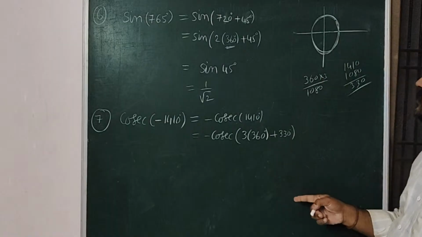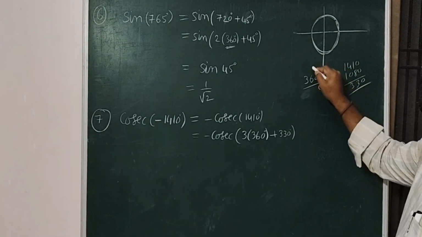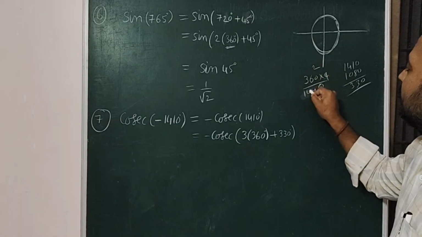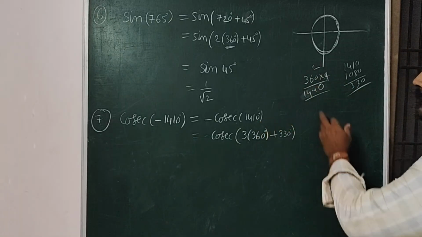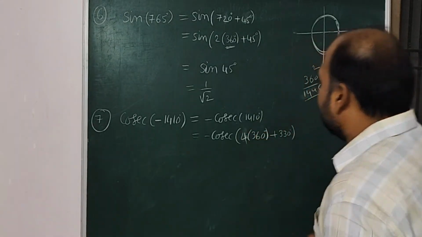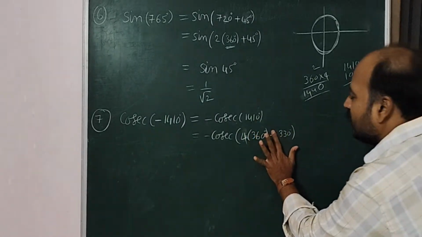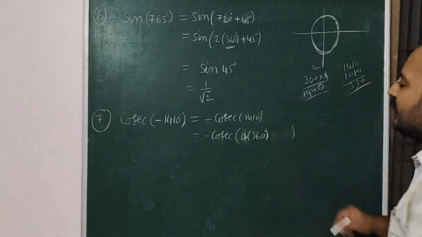If it is not convenient, what we can do is, 4 times you can write it, dear students. This is better to do. 1440 is very easy. So 4 times 360 is 1440, but we want 1410. So just you have to subtract 30 degrees.